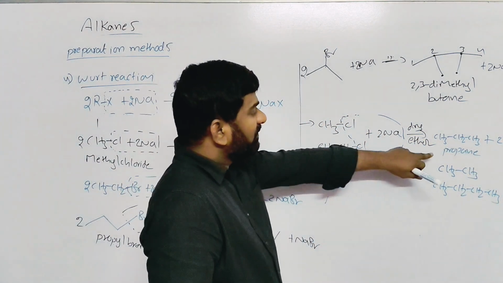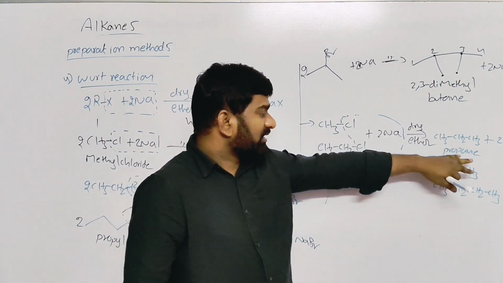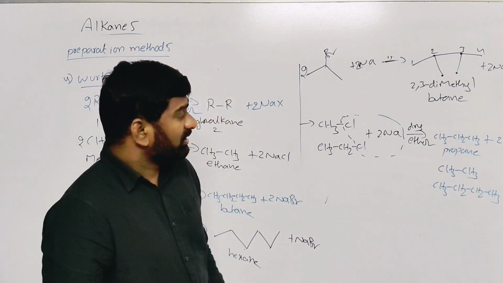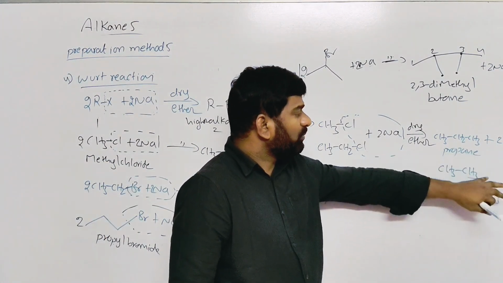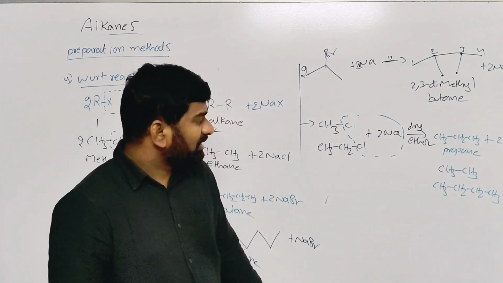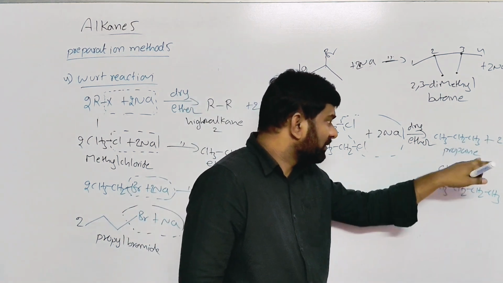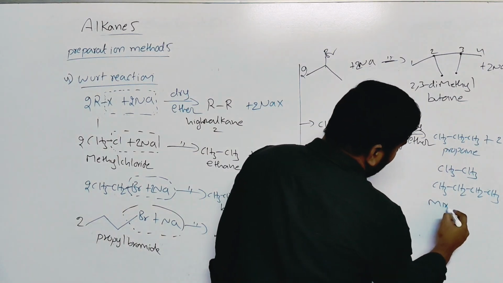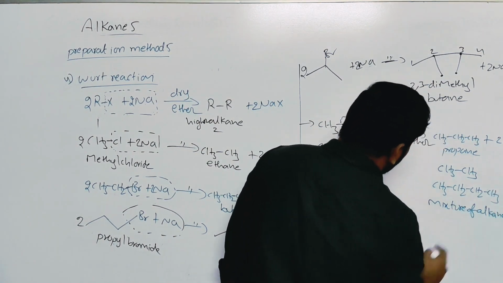So here, odd number of carbon containing alkane also we can prepare, but along with that alkane, a mixture of higher and lower alkanes you get. The boiling points of these 3 compounds are nearly the same, so we cannot separate our required product easily from this mixture of alkanes.